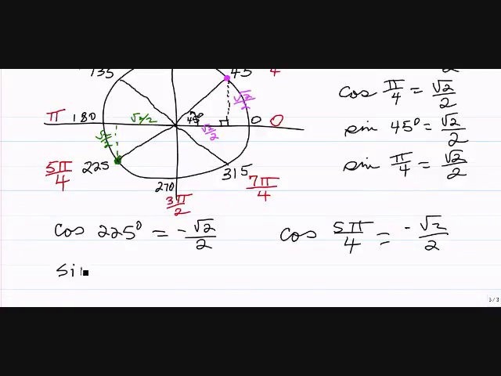What is the sine of 225 degrees? I went left root 2 over 2 and down root 2 over 2 to get to the green dot on the circle. So what's the sine of 225 degrees? So what is the sine of 5 pi over 4 radians?